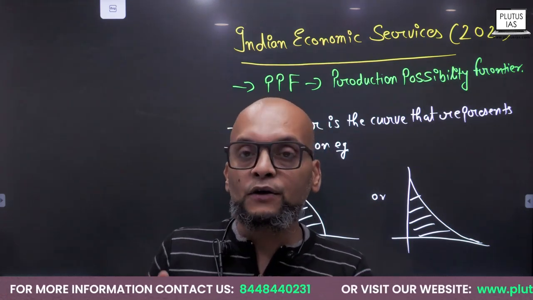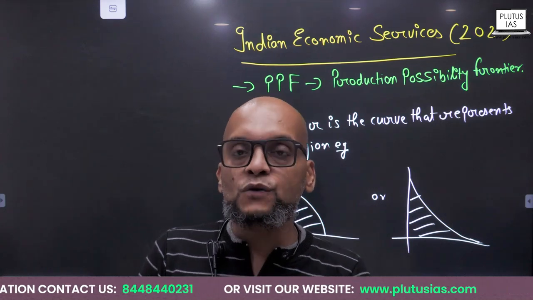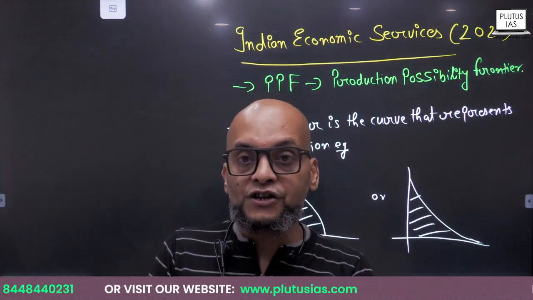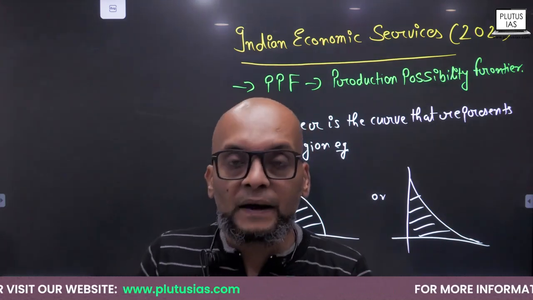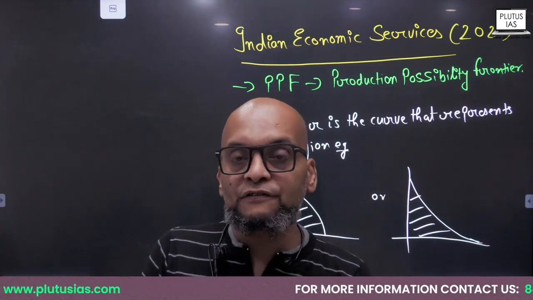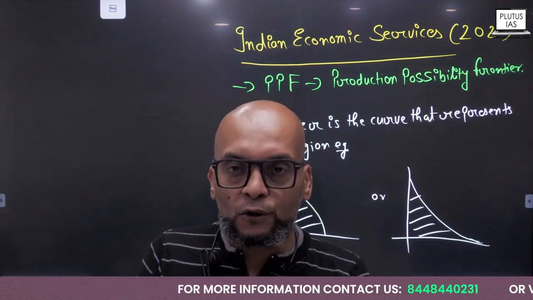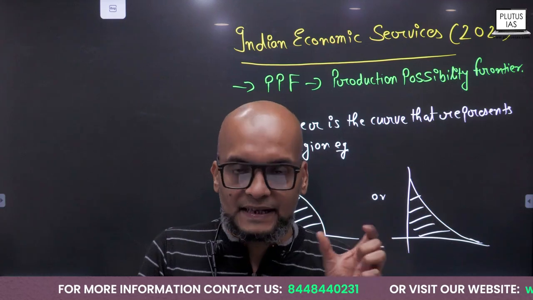Because X and Y are efficient at producing good A, but not that efficient at producing good B. As we proceed, we will see this in detail.